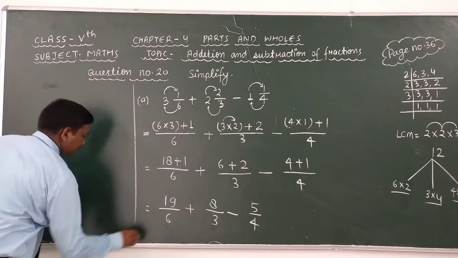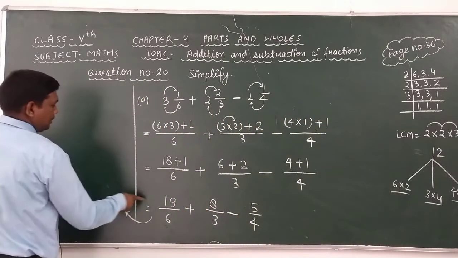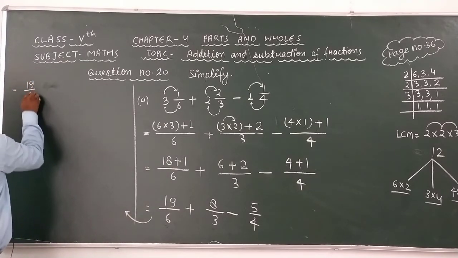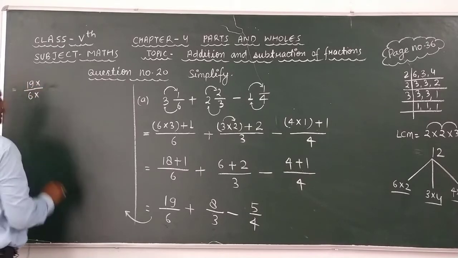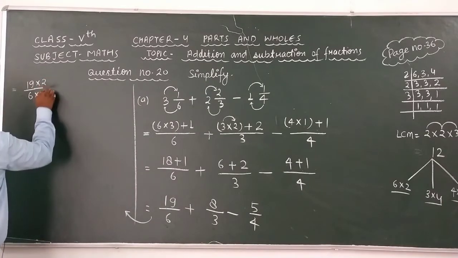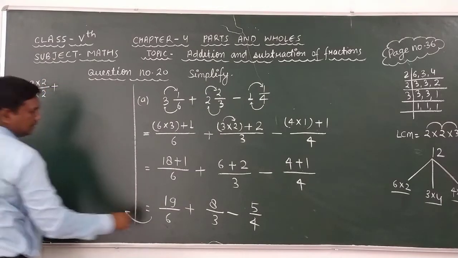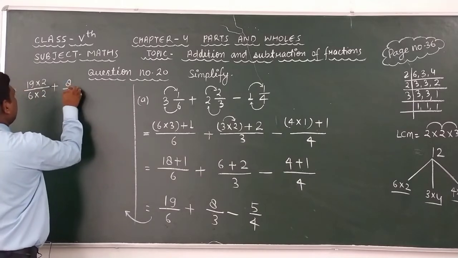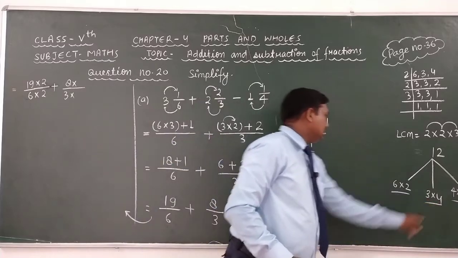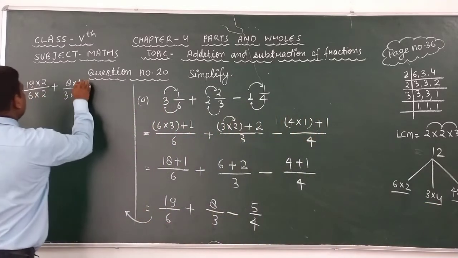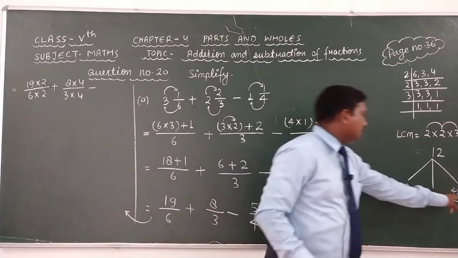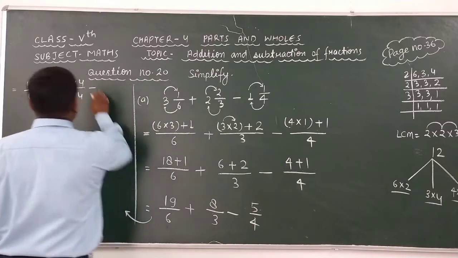Look at here. Here given that 19 over 6. In this fraction we have to take the multiplication by 2 in numerator and denominator, plus in this fraction we have to take the multiplication by 4 in numerator and denominator, and in this fraction we have to take the multiplication by 3 in numerator and denominator.